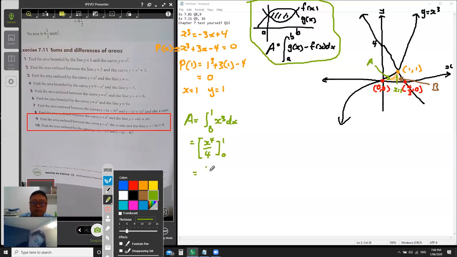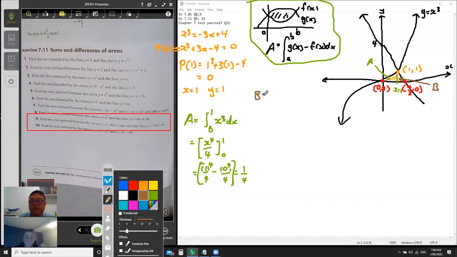Yep. And then that equals a quarter. A quarter minus 0 is just a quarter, right? I'll just put full working out, which is what we should be doing. Okay, cool. And that's area A.